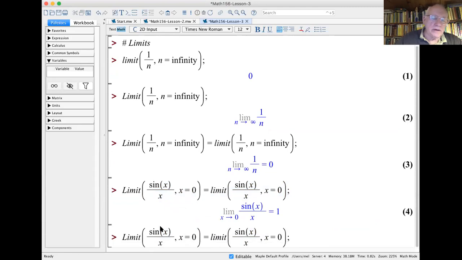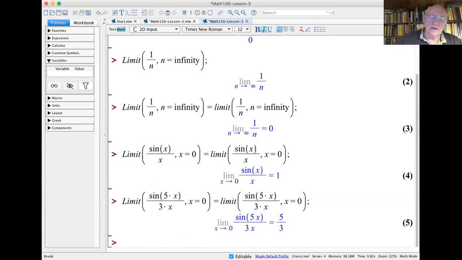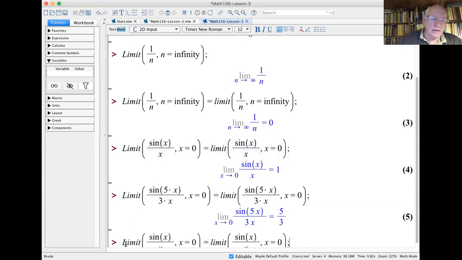If I made this the limit of sine of 5 times x over 3 times x, and I have to make that change in both places, it's equal to 5/3. What's another important limit from calculus?